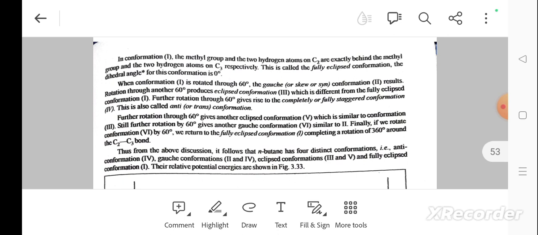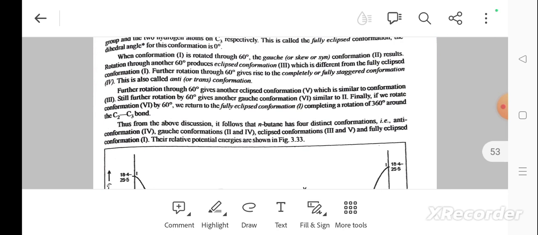This is also called the anti configuration. Further, the rotation through 60 degrees gives another eclipsed configuration, fifth, which is similar to the configuration third. Still further rotation of 60 degrees gives another gauche configuration, similar to second. Finally, if we rotate the configuration sixth by 60 degrees, we regain the fully eclipsed configuration first.